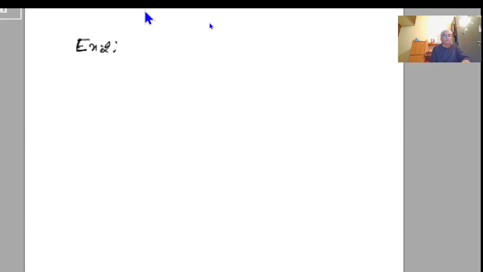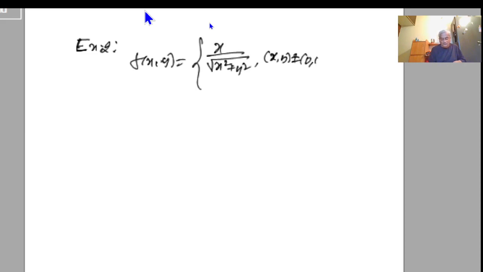Example 2. The example is f of x comma y is equal to x divided by root of x square plus y square when x comma y is not equal to 0, 0, and it is equal to 0 when x comma y is equal to 0, 0.